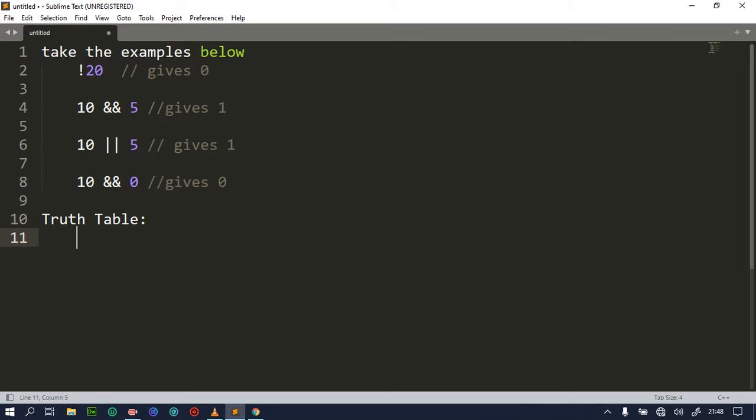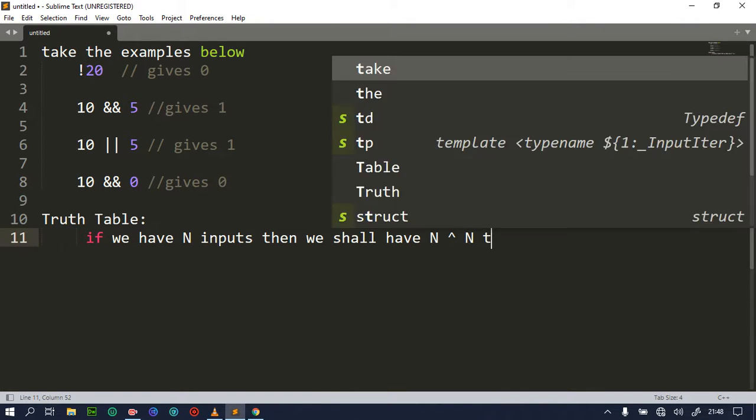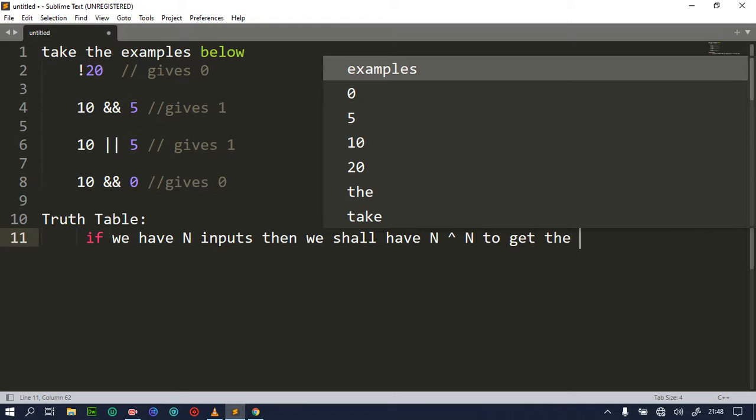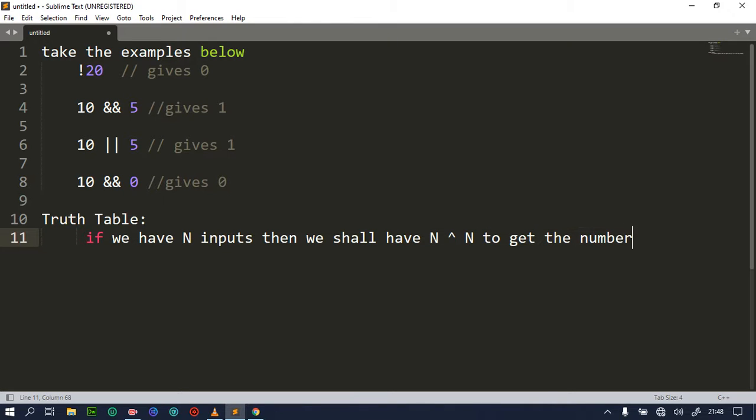So in a truth table, using Boolean logic, it says if we have n inputs, then we shall have 2 to the power n to get the number of outputs. So what does it mean?